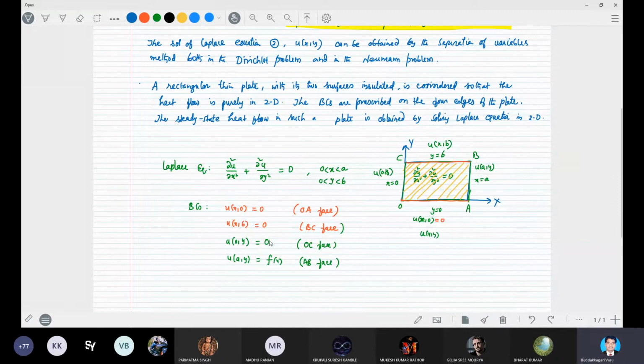It is not required, and it may be another condition also. Because the two faces OA and BC are insulated, the rest of the two faces can have any prescribed conditions, in which I just considered along OC is 0. This is just our assumption, but since these two faces are insulated, there is no heat flow on the faces.